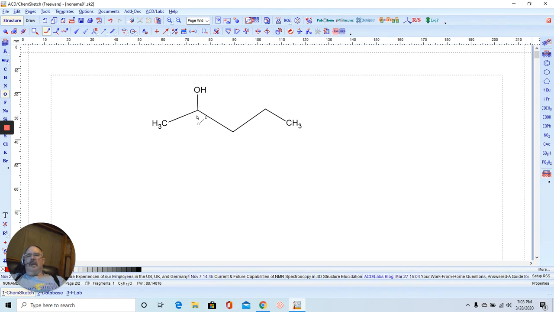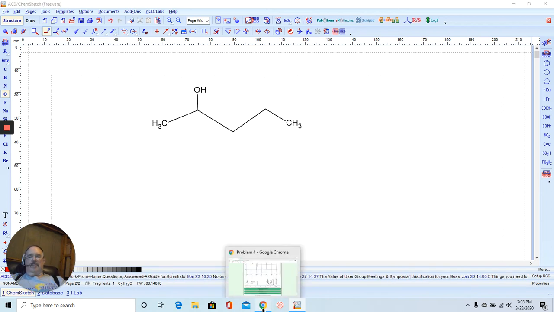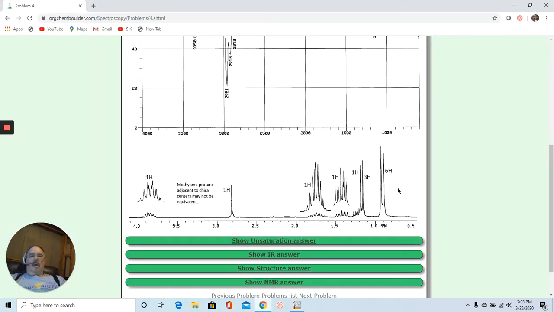There's one hydrogen here, and it's a multiplet, so it's split several times. Then we have 6 hydrogens.